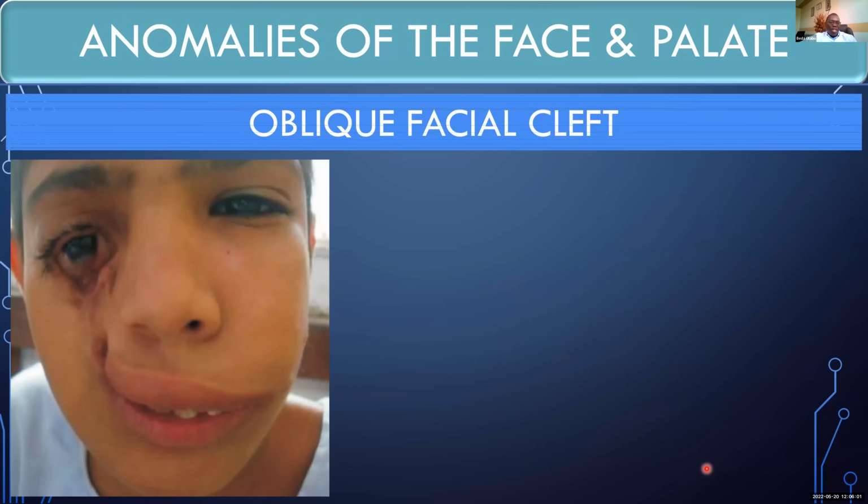Lastly, we can have what you call the oblique facial cleft. This is the oblique facial cleft. It's when you have a groove extending from the eye towards the mouth there. That's an oblique facial cleft. It tells you that there was no good fusion between the maxillary prominence and the lateral nasal prominence.